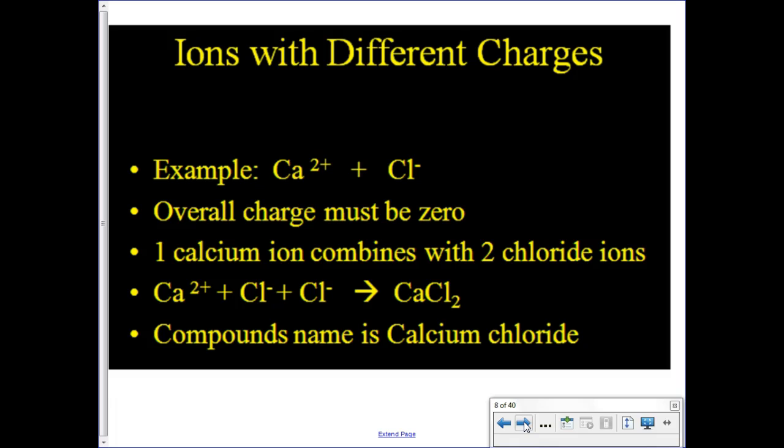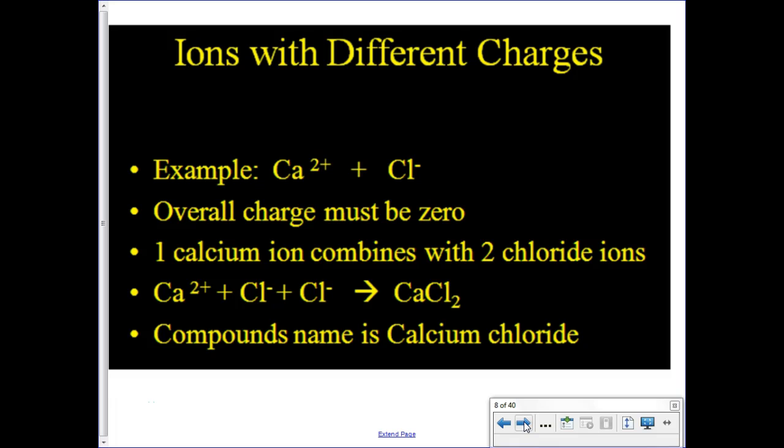All right, so since calcium has that positive 2 charge and Cl only has the negative 1, you need 2 Cl's here that carry a negative 1 charge to cancel out that positive 2 from the calcium. Notice how we're putting the IDE ending on the anion's name.